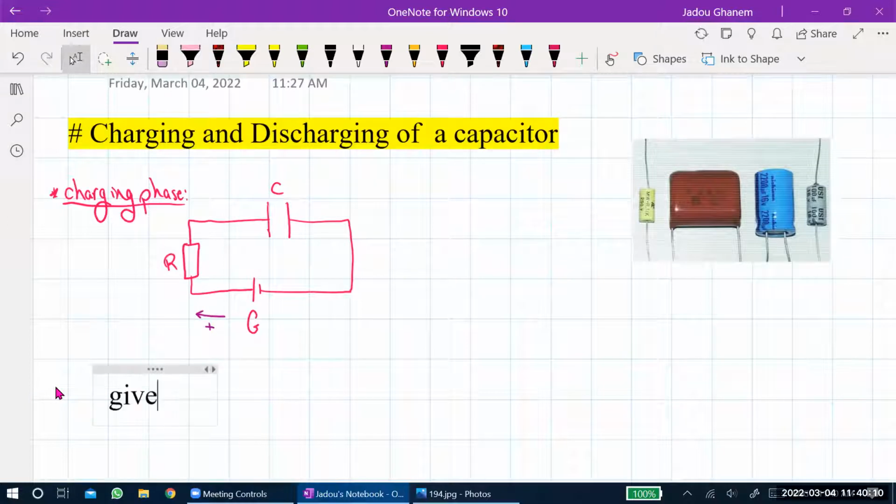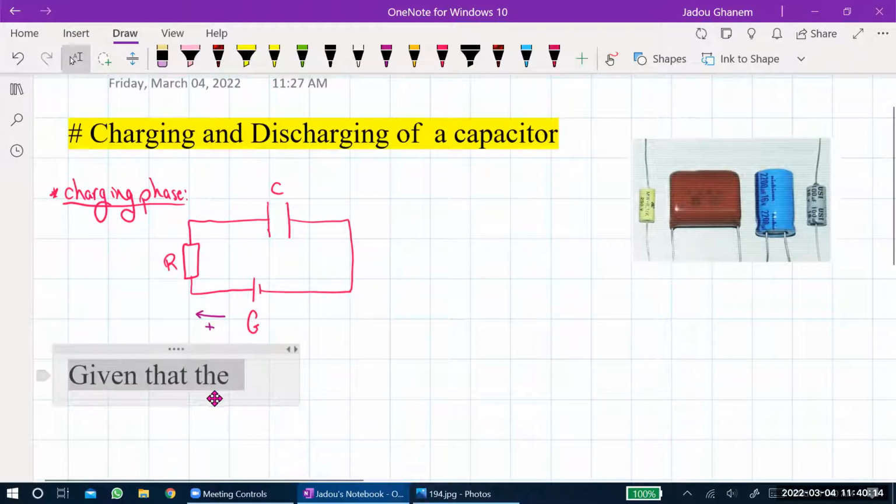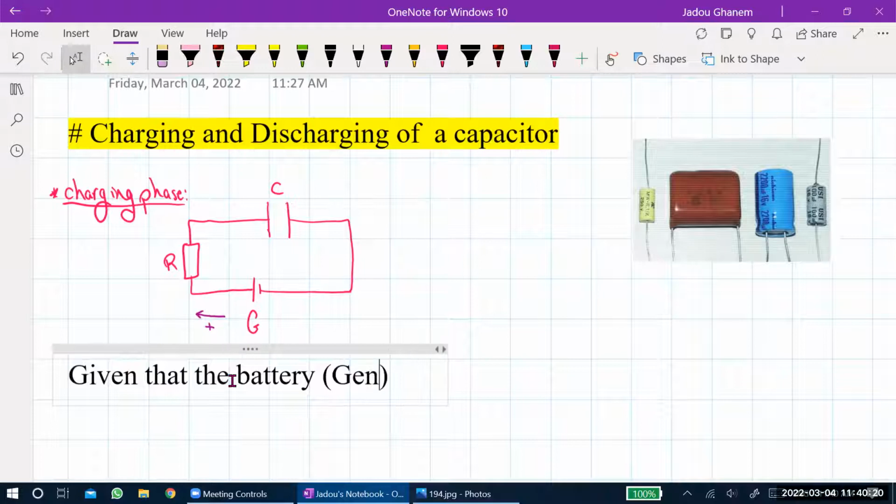So given that the battery, or in between brackets, we call it the G or generator, generator G.